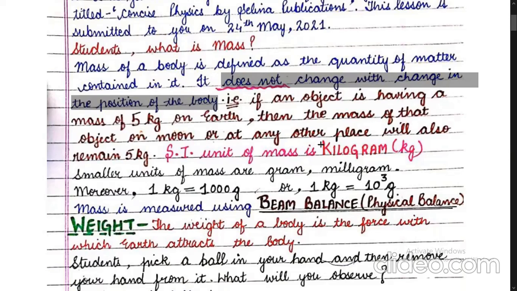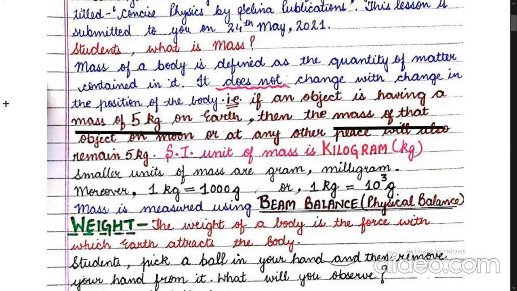So children, the SI unit of mass is kilogram. The standard international unit of mass is kilogram. And there are other units of mass also. Smaller units of mass, you must have heard about gram and milligram, while you also have a larger unit, which is kilogram.